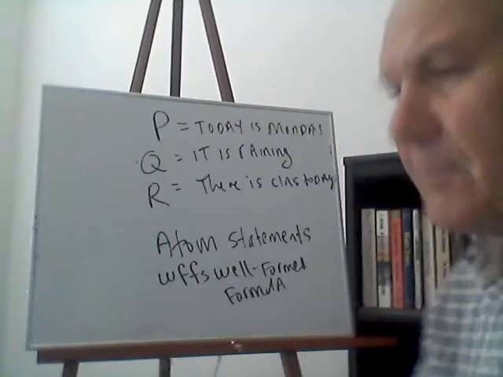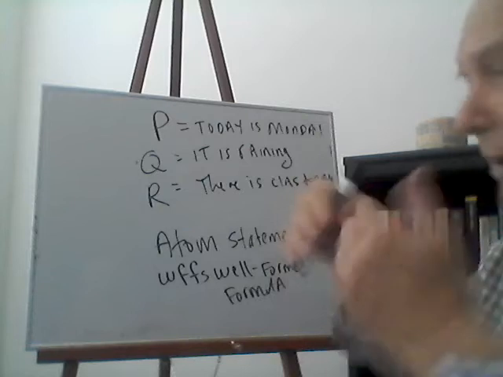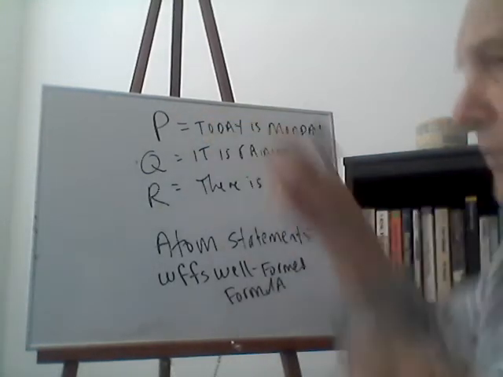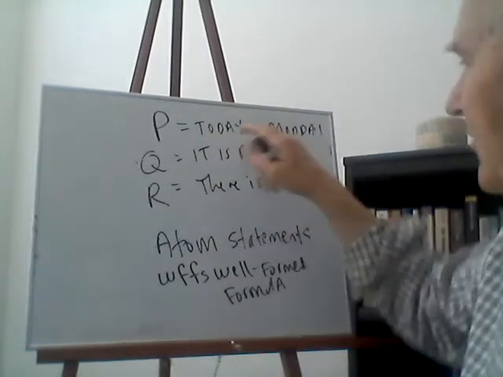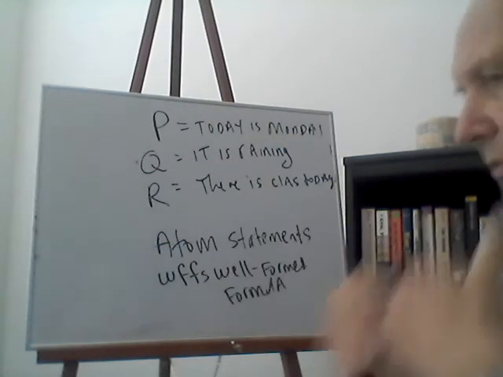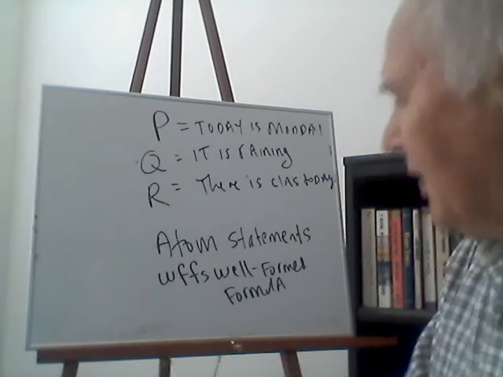P is going to represent the statement today is Monday. Q is going to stand for it is raining, and R is going to stand for there is class today.